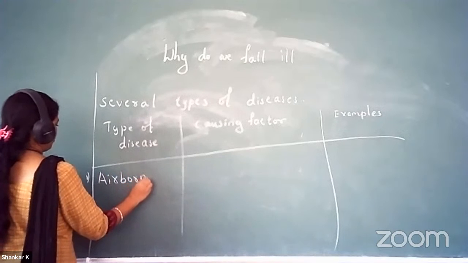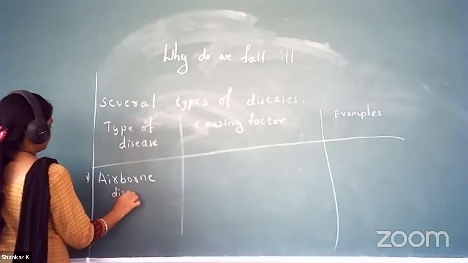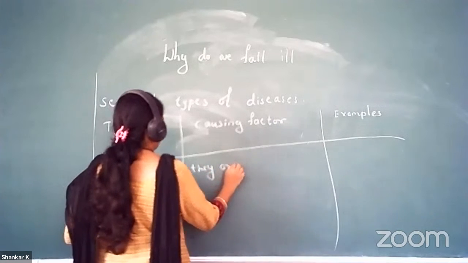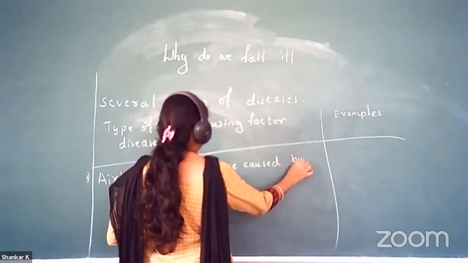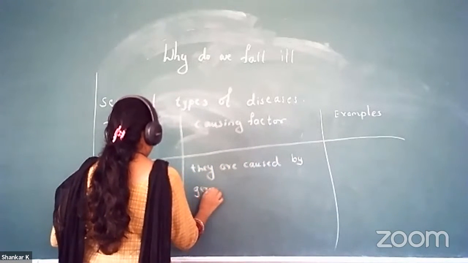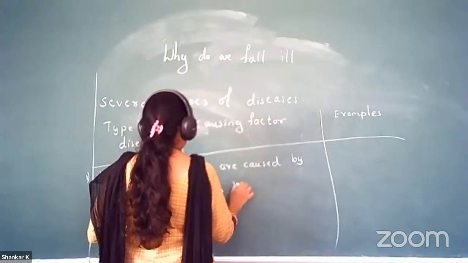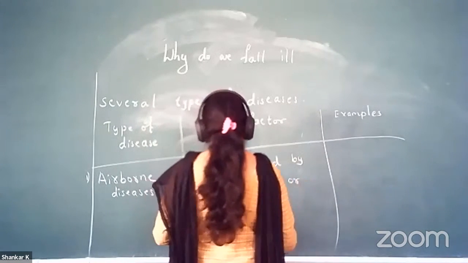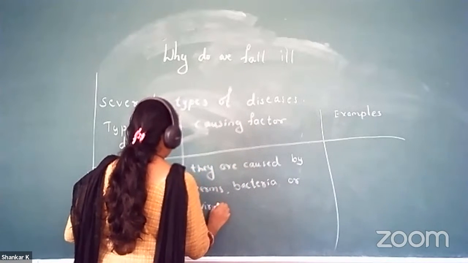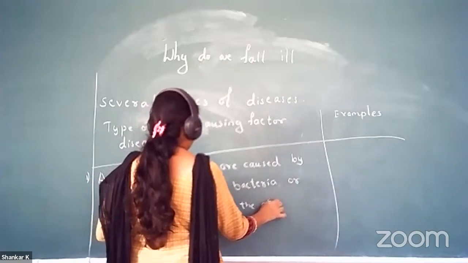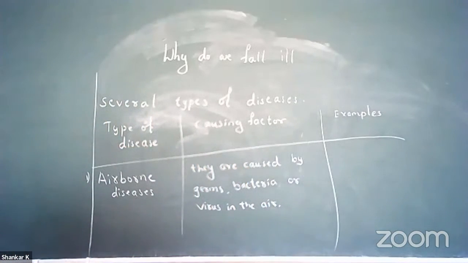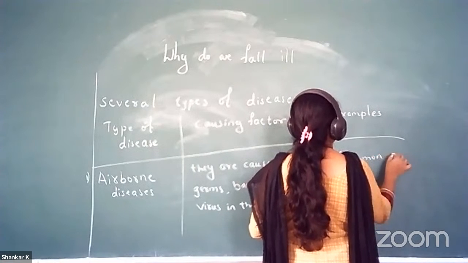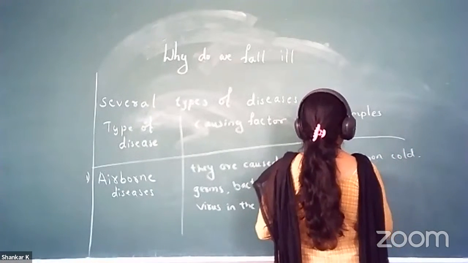Airborne diseases: they are caused by germs, bacteria, or viruses in the air. Examples: common cold, tuberculosis.